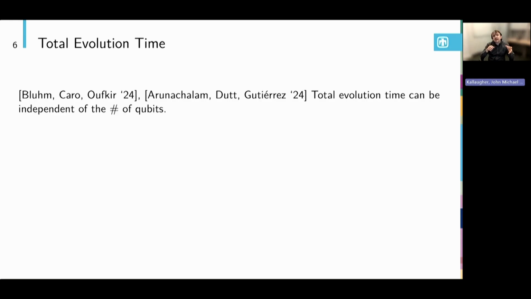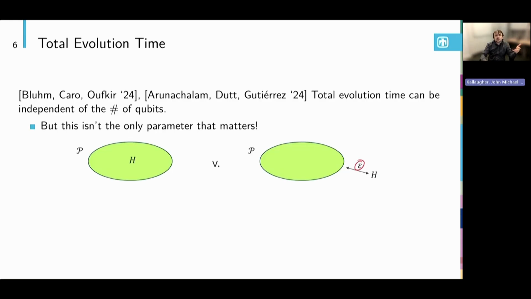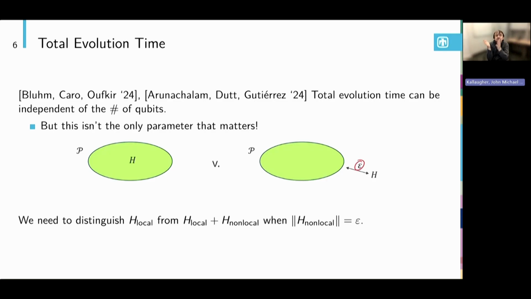But system size isn't the only parameter that you might care about. Remember that we're interested in differentiating between local Hamiltonians and Hamiltonians that are epsilon far from local. They have, say, an epsilon-sized non-local part. And you can imagine that this problem is going to get harder the smaller that epsilon is.